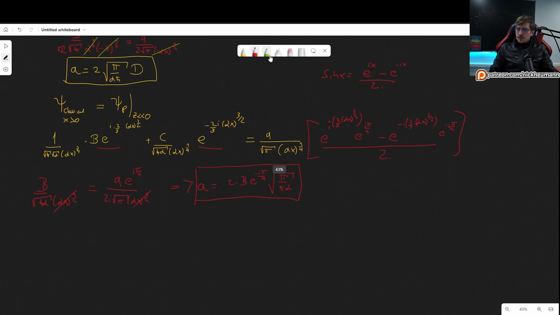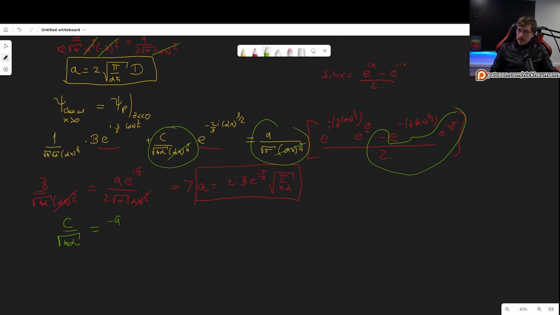And now equating the negative part. So basically this and this to this, so the negative exponential, we get c divided by, now of course these parts will cancel out, so I won't bother writing them down. h bar alpha has to be equal to a, so minus a e to the minus i pi over 4 divided by 2i square root of pi.